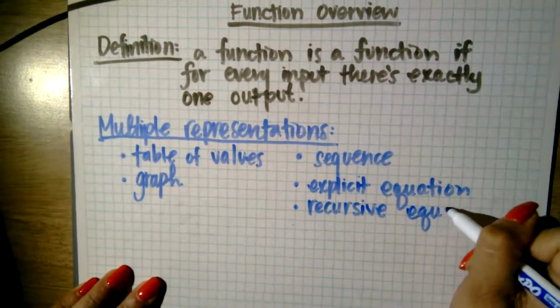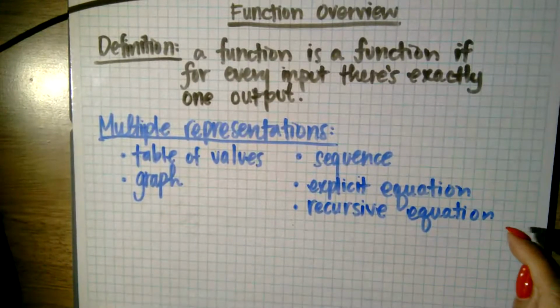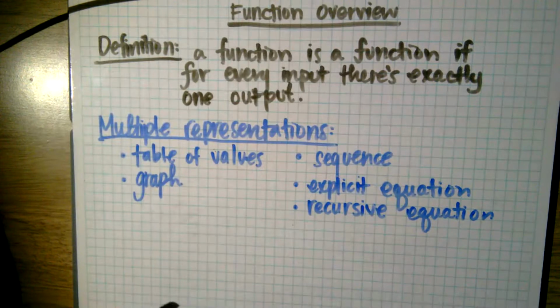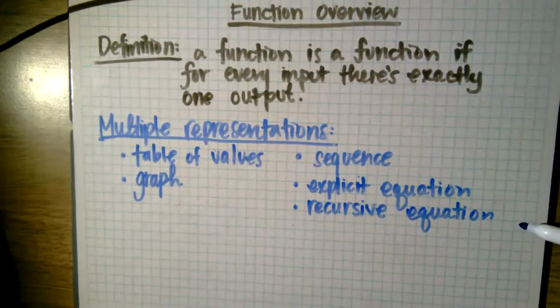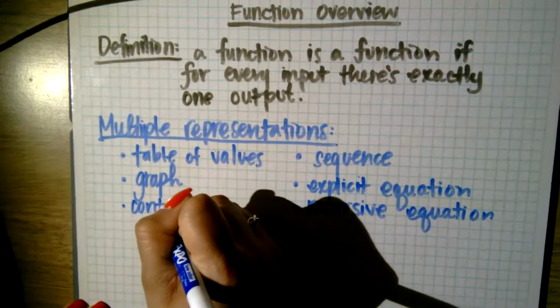The recursive equation is closely tied to the sequence because it's kind of like the instruction manual on how to build a sequence. So I have a table, a graph, a sequence, an explicit rule, a recursive rule, also known as explicit equation and recursive equation. And I also have a contextual representation.